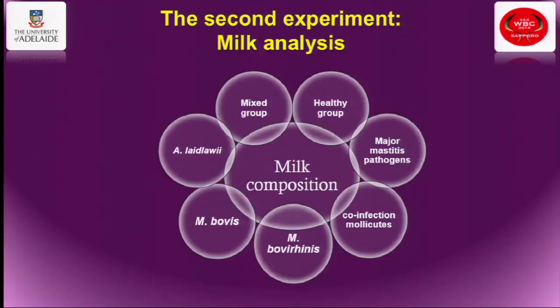In the second experiment, we compared the effect of 6 different groups, according to their culture and PCR results, with the healthy cows on milk composition, including individual M. bovis, M. bovirhinis, Acholeplasma laidlawii, co-infection mollicutes, 2 or more of these mycoplasmas, and other major mastitis pathogens, including strep, staph, E. coli, and coliform.